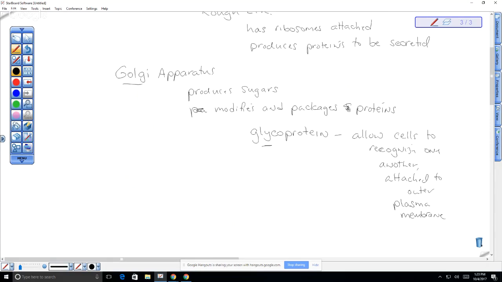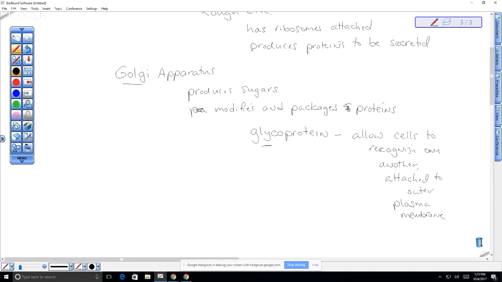So some cell biologists like to say that each cell is sugar-coated. It's got a protein and then it's got a sugar attached to it, and that combination tells your body, oh, this is one of my cells, versus, oh, this is a foreign cell and we need to attack it. So those glycoproteins are really important in recognition. So that's the Golgi apparatus.